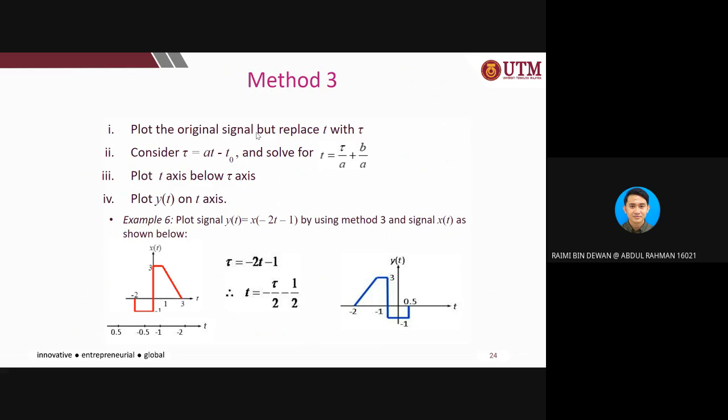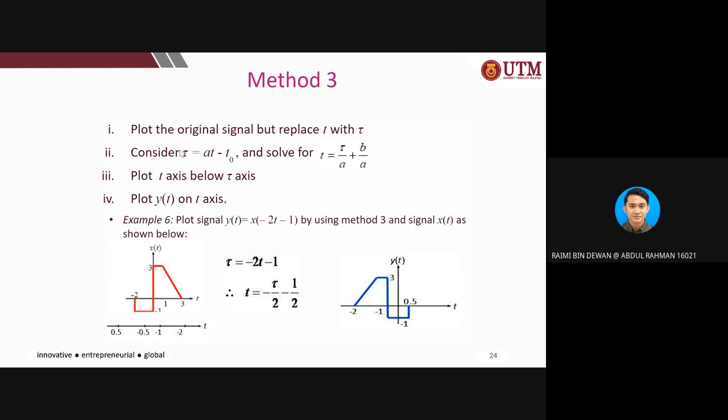First I will explain, then I will demonstrate. Method 3: the first step is to plot the original signal, but you replace the time with the value of tau. You use tau to replace your t.